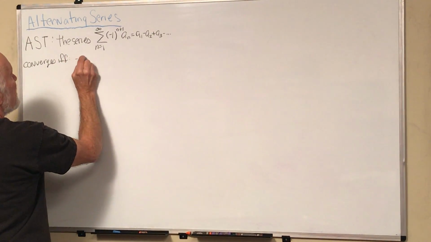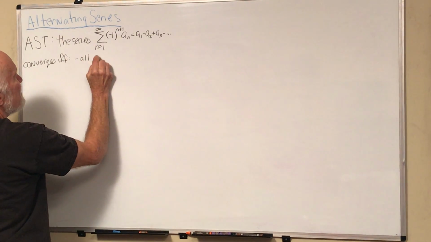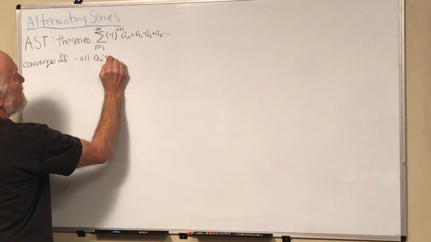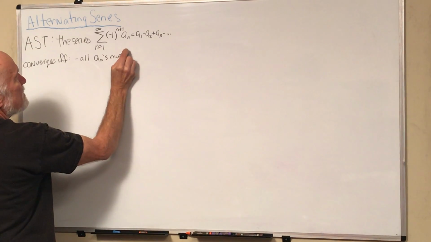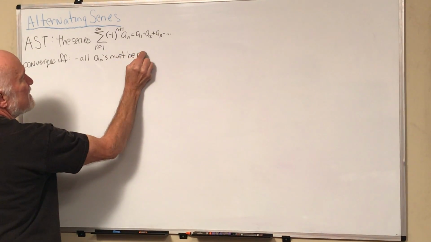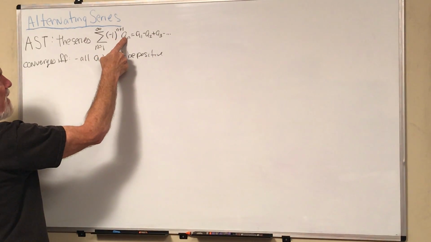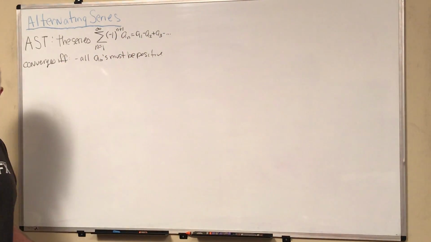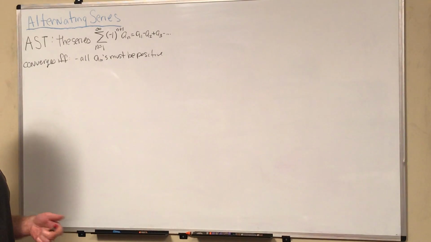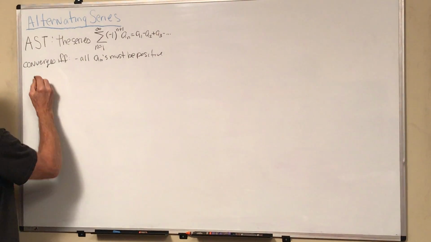First, all the a sub n's must be positive. In other words, if all these a sub n's are positive, then it really is going to alternate. So basically you're just saying it has to really be an alternating series.